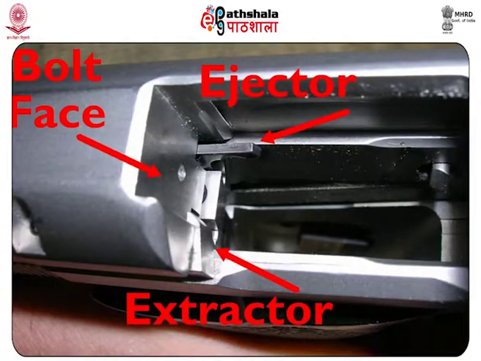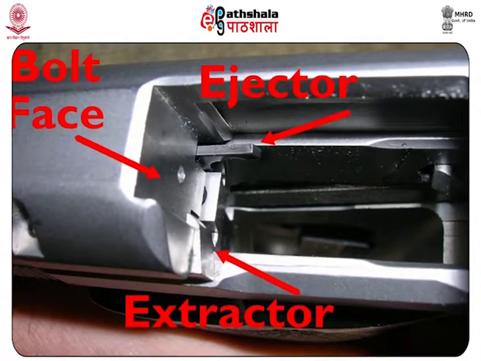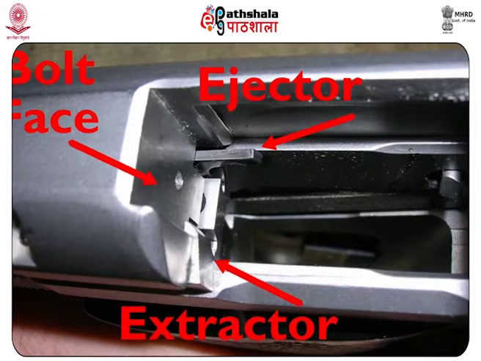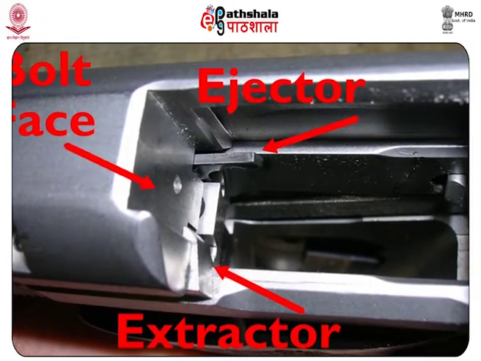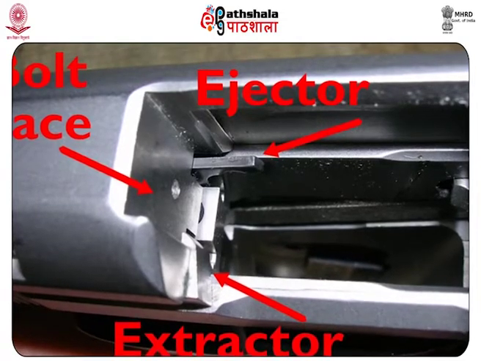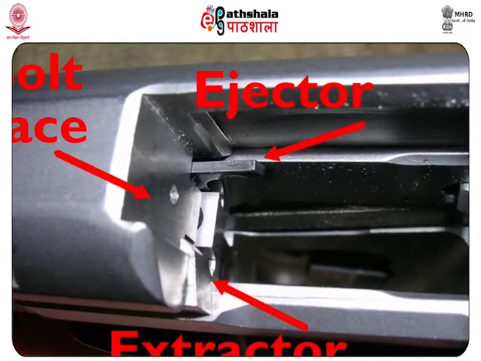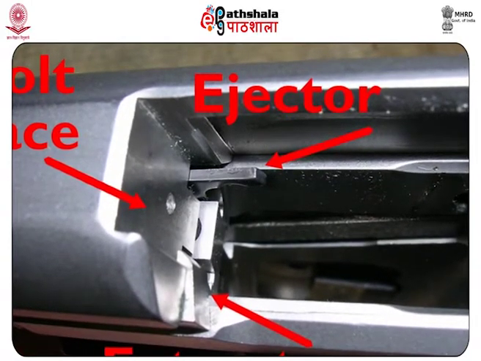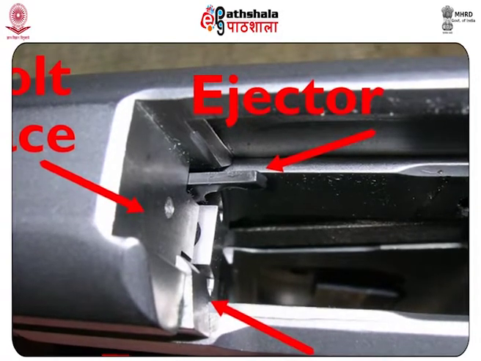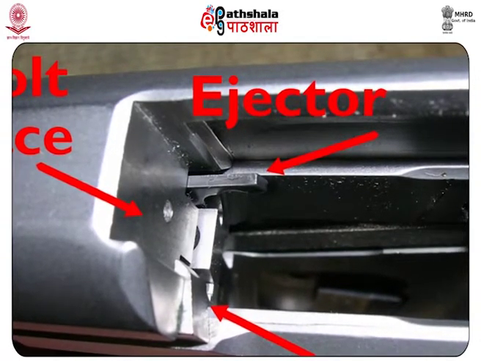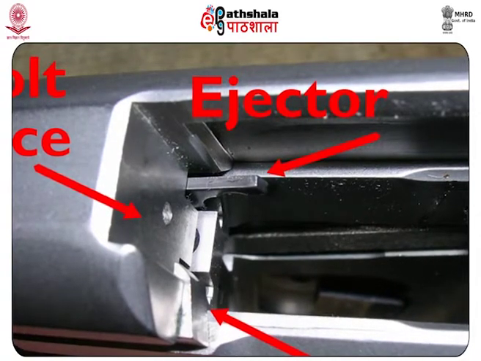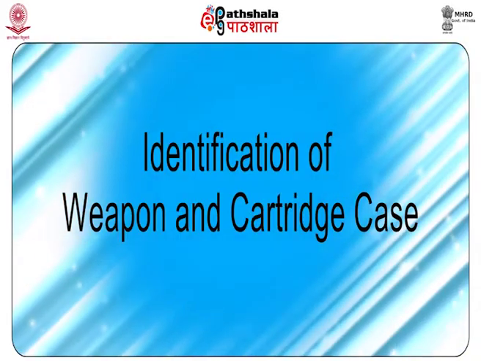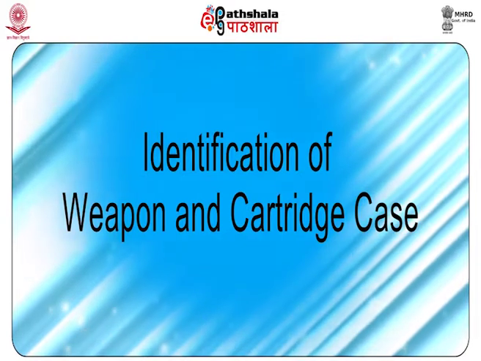The empty cartridge case is extracted out of the chamber by an extractor and then ejected out of the gun by an ejector. In this process, both extractor and ejector are likely to leave marks on the cartridge case. All these marks are very useful, as they can afford identity of the bullet or the cartridge case with the concerned firearm. Now let us see identification of weapon and cartridge case.